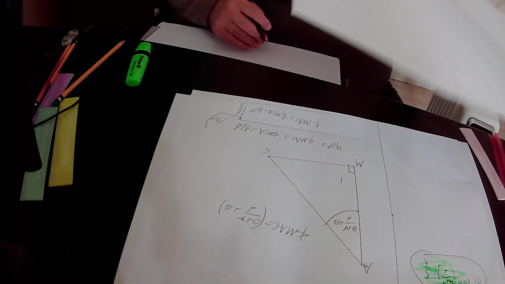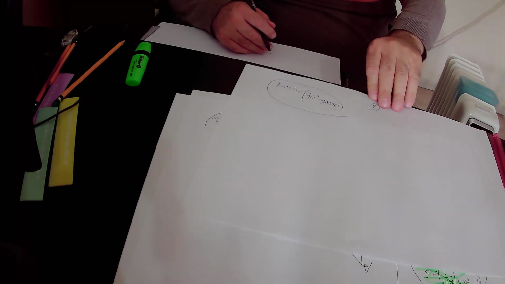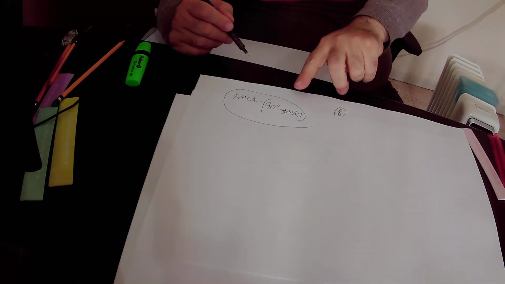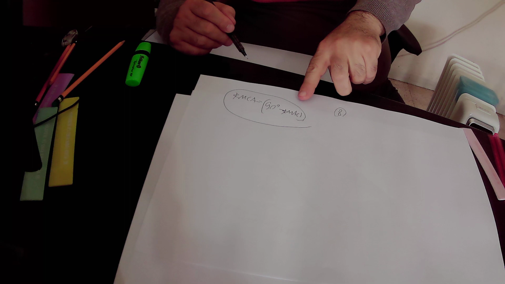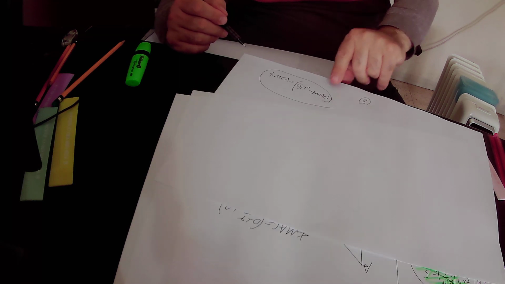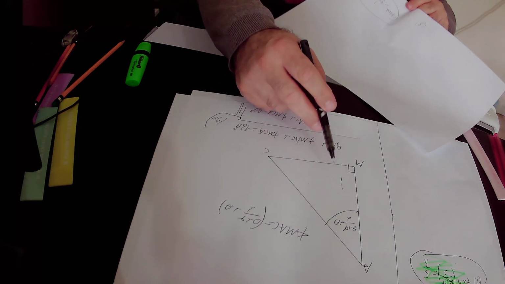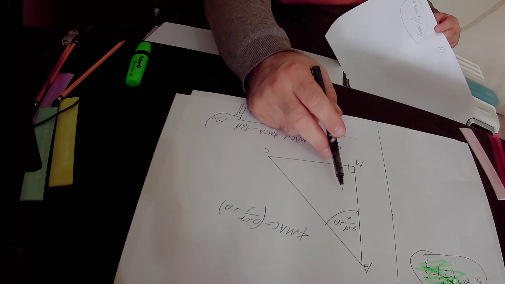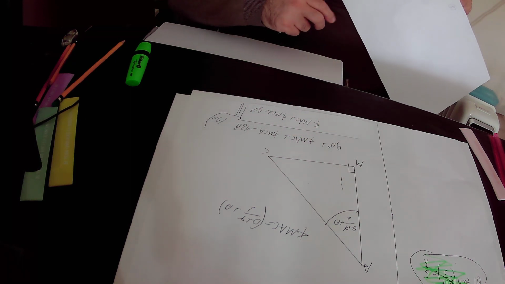I'll repeat again, the value of angle MCA, this angle, is equal to 90 degrees minus the value of angle MAC, the value of this angle. And we have already found out that the value of angle MAC equals theta plus alpha over 2 plus theta.